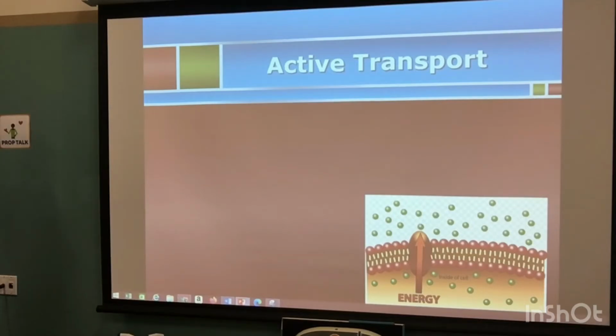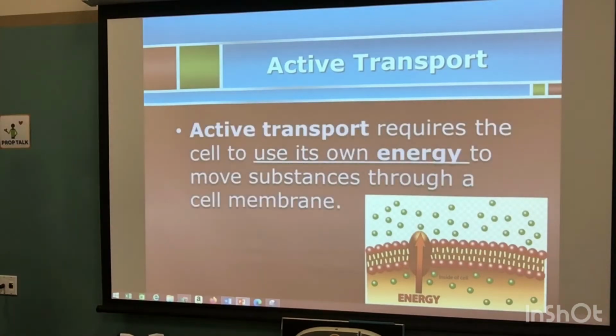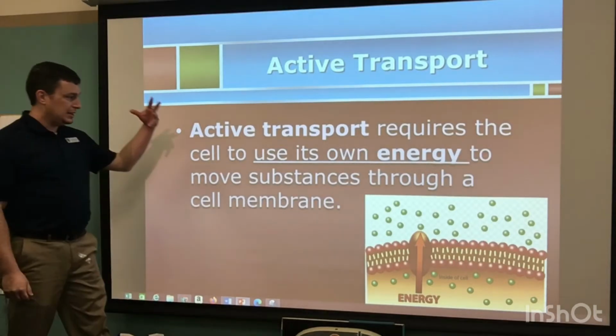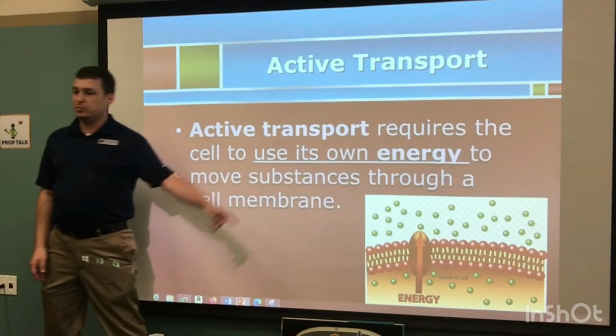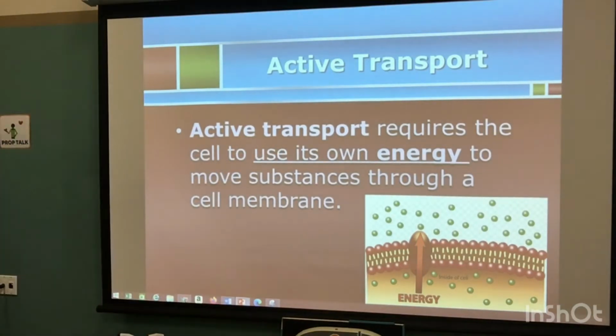No. But there are times when cells use energy to pull things in or push things out. So we call that active transport because the cell is being active. It's actively using its own energy. So let's make sure that we add this to our notes. Look at Wednesday, because you do need to know the difference between passive transport and active transport.